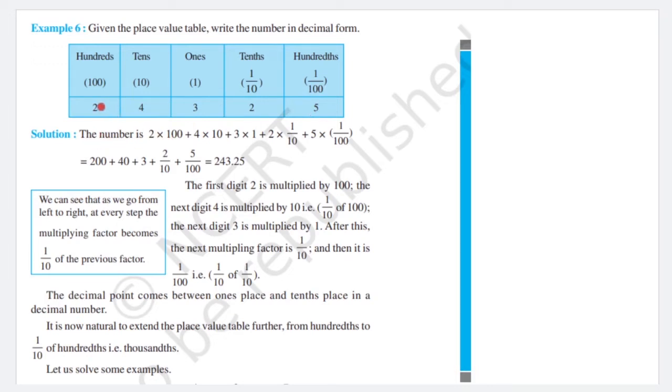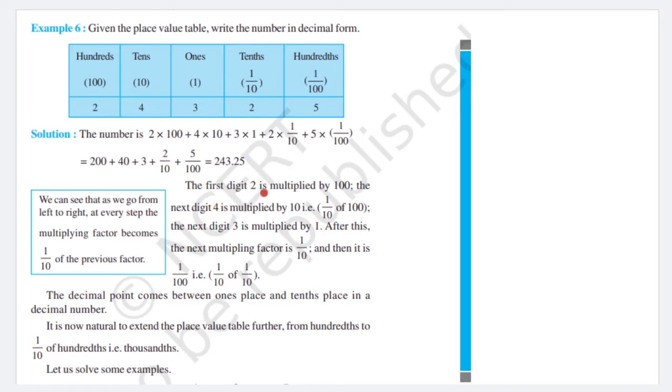So the number will be 2 into 100, that is 200, plus 4 into 10, that will be 40, plus 3 into 1, that is 3. Then in the tenths position, 2 into 1 by 10 is 2 by 10. Then 5 into 1 by 100, that is 5 by 100. Altogether, if you add this, 243.25. This is the answer.